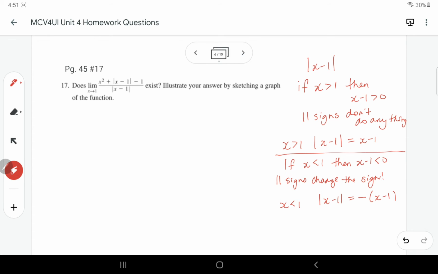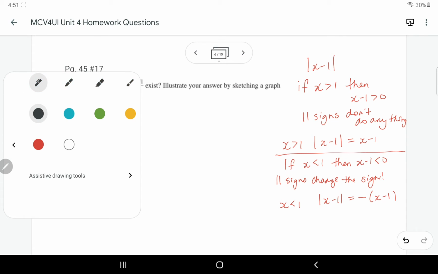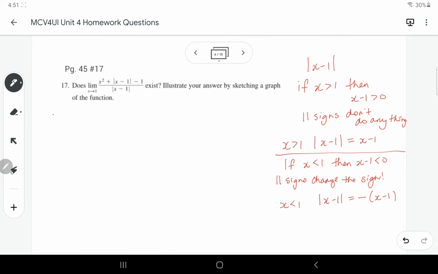So I might rewrite this as a piecewise function. For x greater than 1, the absolute value signs aren't doing anything. x squared plus the absolute value of x minus 1, minus 1, over the absolute value of x minus 1 is just equal to x squared plus x minus 1 minus 1 over x minus 1.